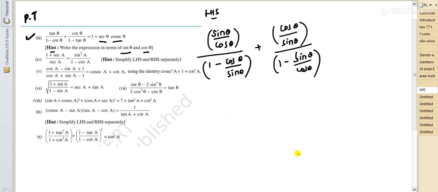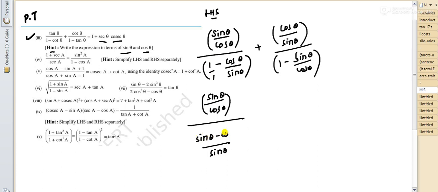Now what you have to do? The numerator you can keep as it is, but in the denominator you have to take the LCM. So what will be the LCM? Let me write the numerator as it is, sine theta by cos theta, whole divided by, if you take the LCM of this denominator, it will be sine theta. Because here nothing is there, it is 1, so 1 into sine is sine, and on simplification you get sine theta minus cos theta.